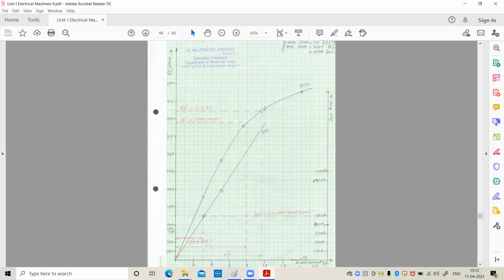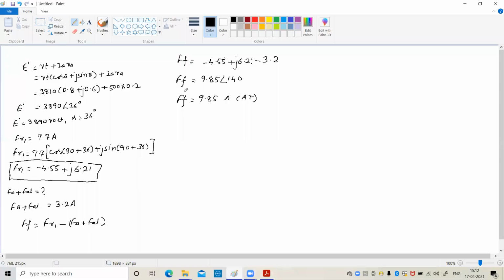Now what is the magnitude of voltage at this point? It is EF equal to 4.2 kV. So corresponding to this value of FF, EF is equal to 4.2 kV, which is equal to 4200.